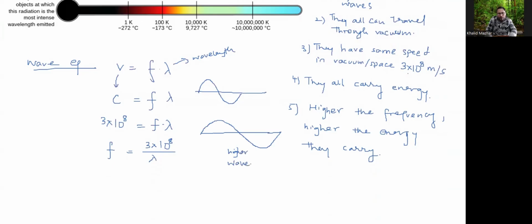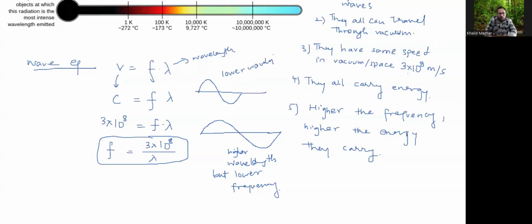But higher wavelength actually means lower frequency. So this has a higher wavelength but lower frequency. Then this one, lower wavelength, higher frequency. So they have an inverse relationship.